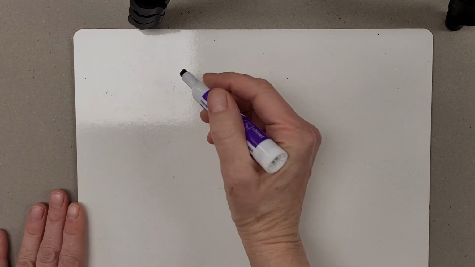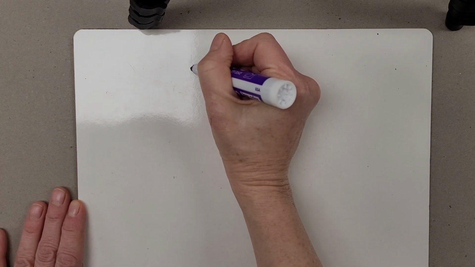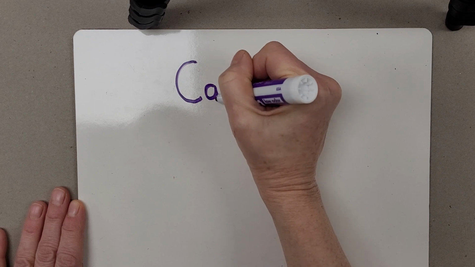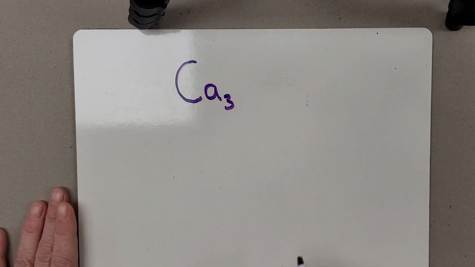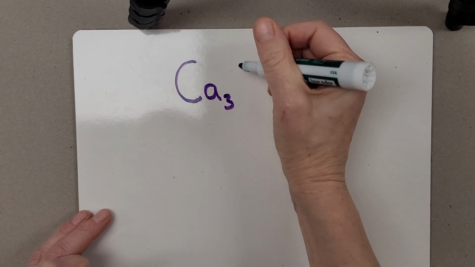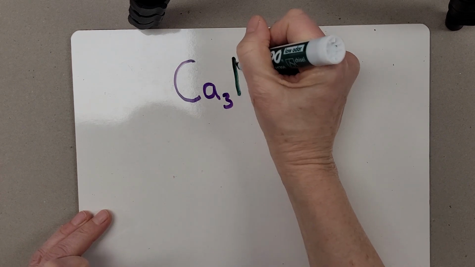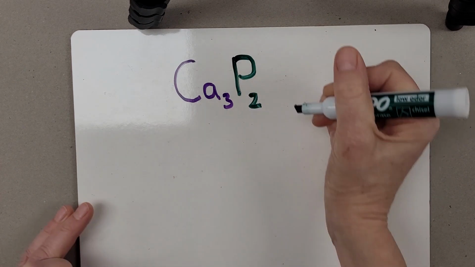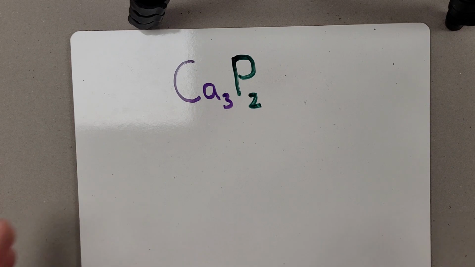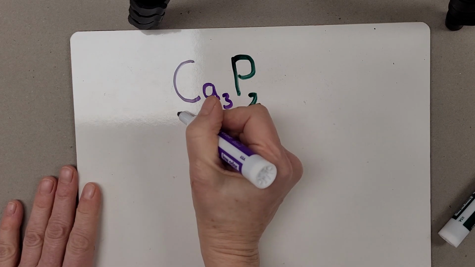All right, so we're going to have calcium, Ca, and the subscript is telling me I have 3 calciums for every 2 phosphides. I'm going to draw 1 phosphide here with a little subscript of 2 after it. Next step, I read the formula and I draw the correct number of each ion.